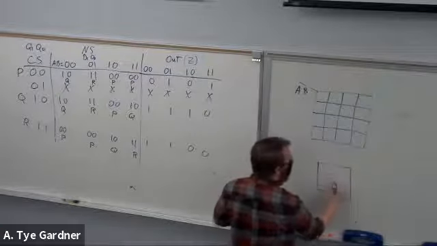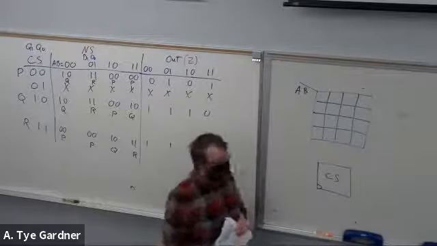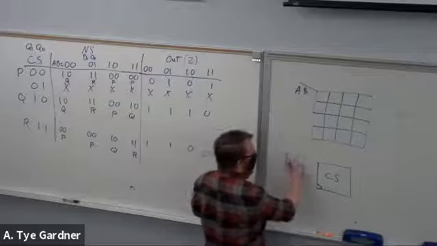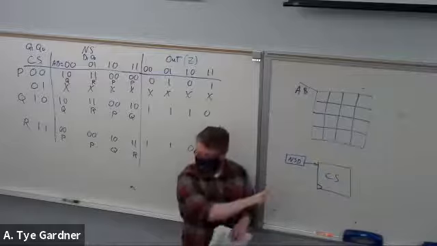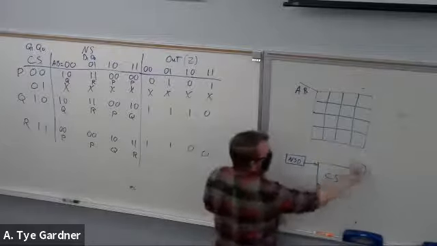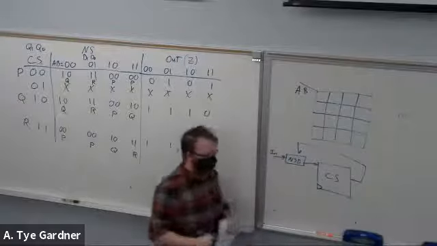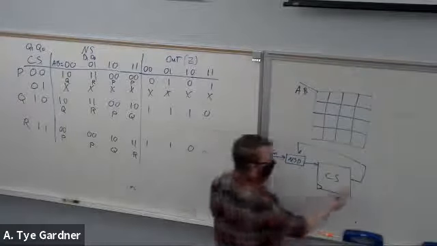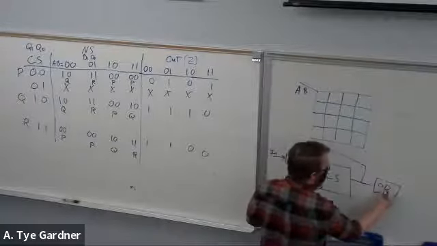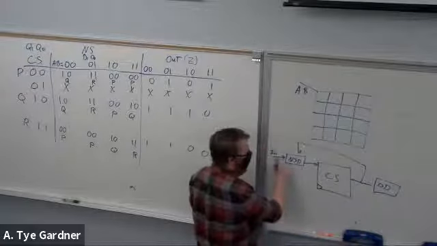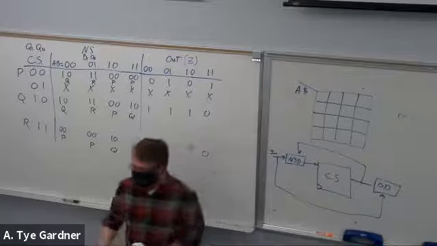Remembering, which you probably don't, but that's okay, our current state is stored in D flip-flops, right? The next state decoder is combinational logic that takes the current state and our inputs, and our output decoder takes our current state and our inputs.